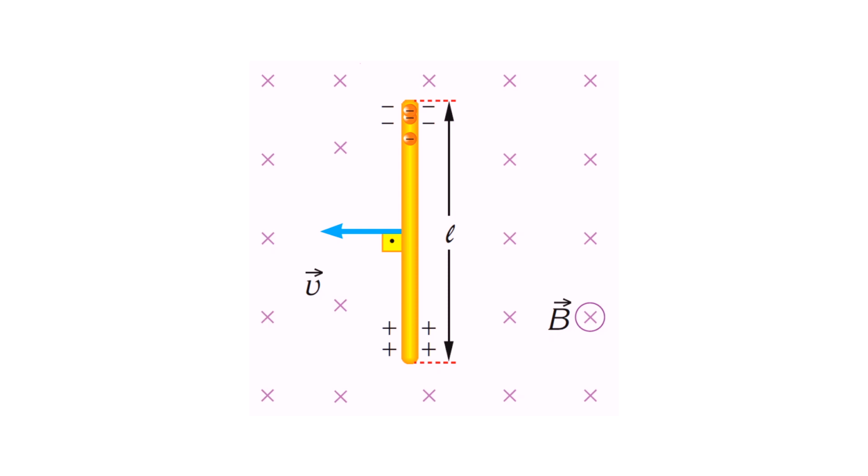And if the motion is reversed, the polarity of the potential difference is also reversed. We see here minus charge, now it's at the top of the conductor, and the plus charges, now it's at the bottom of the conductor.